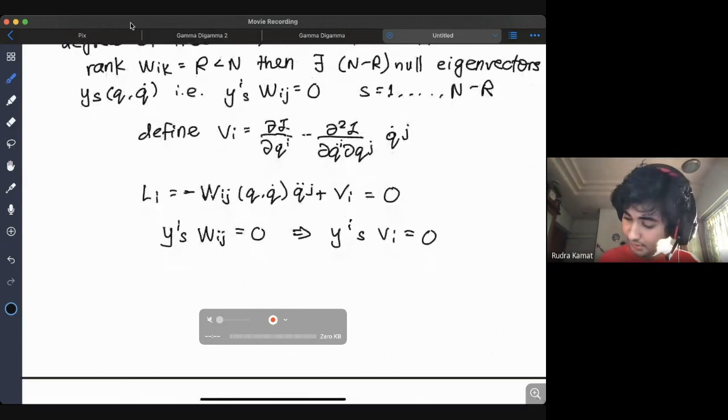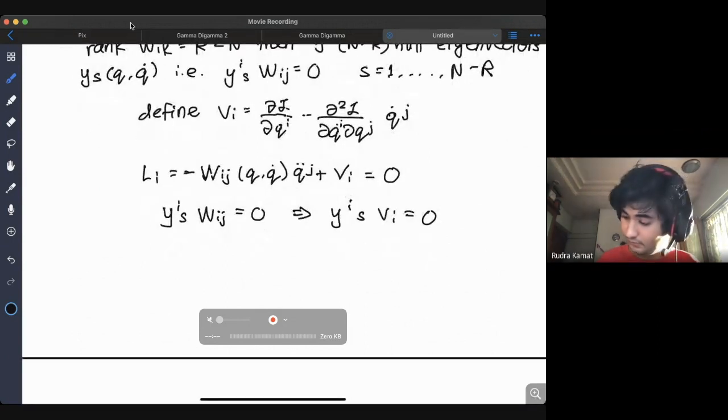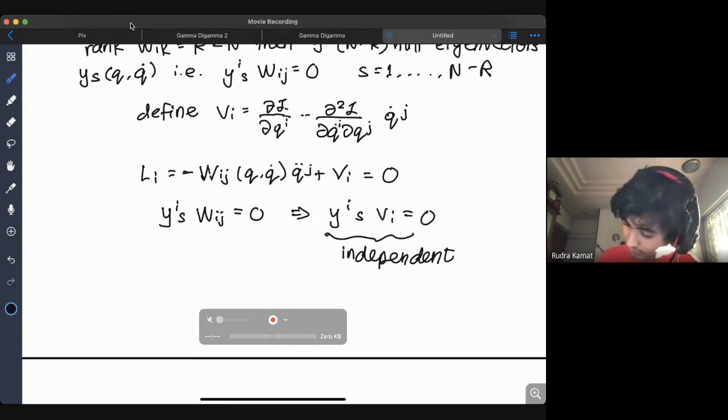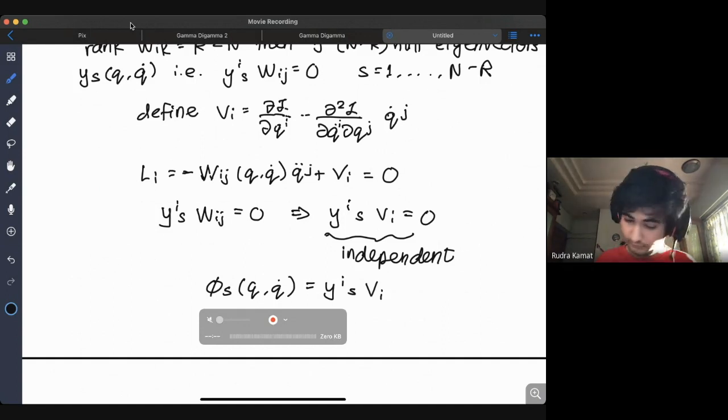And if we consider the set of these equations that are independent, we can denote them by phi_s of q, q dot: y_s^i V_i equals 0 for s going from 1 to n minus r, which I will call capital M.